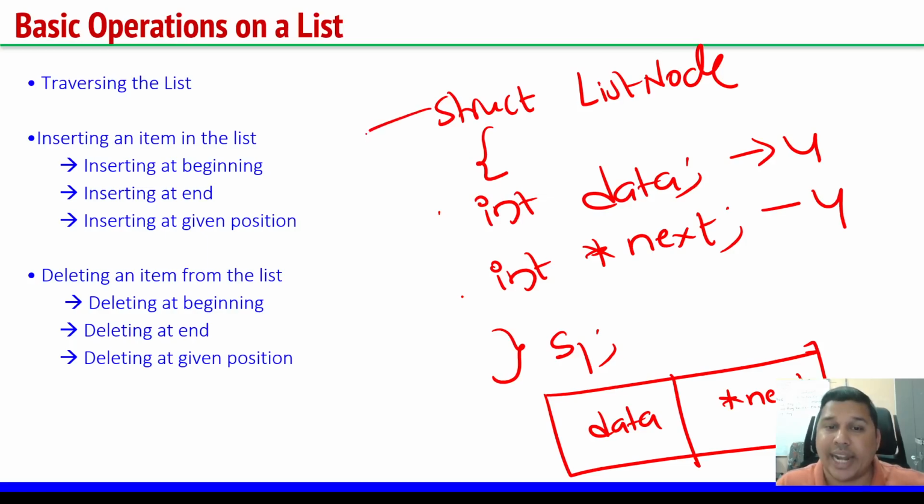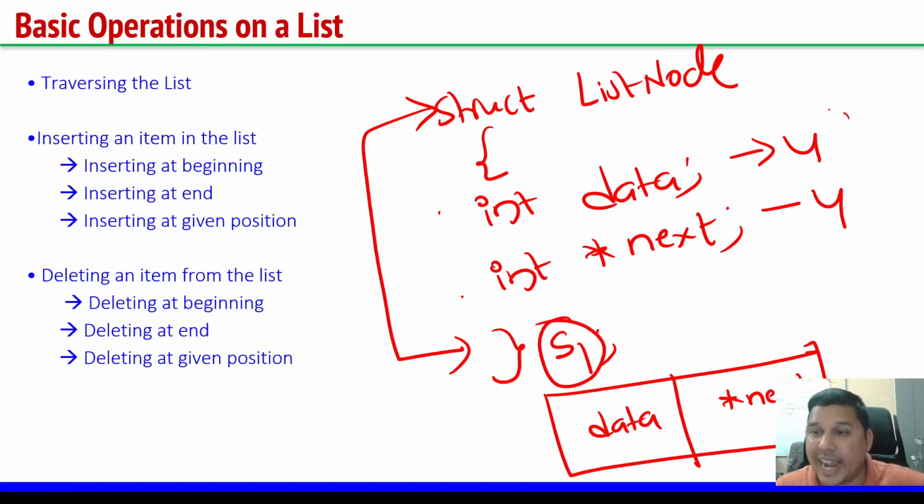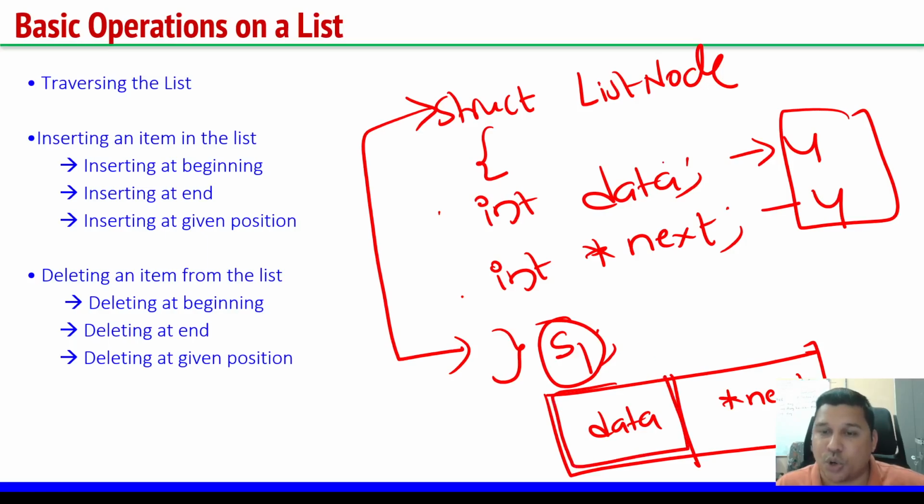So, I have to write a structure which, as soon as I create an object, will reserve 8 bytes of memory in your RAM, where the first block of 4 bytes is to store the data and the second is used to store the address. Now, we just studied pointers.